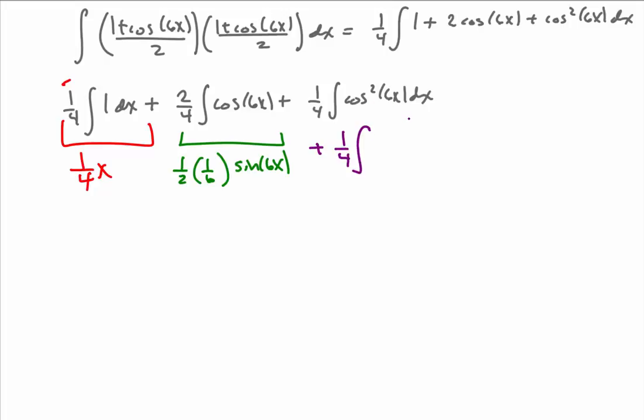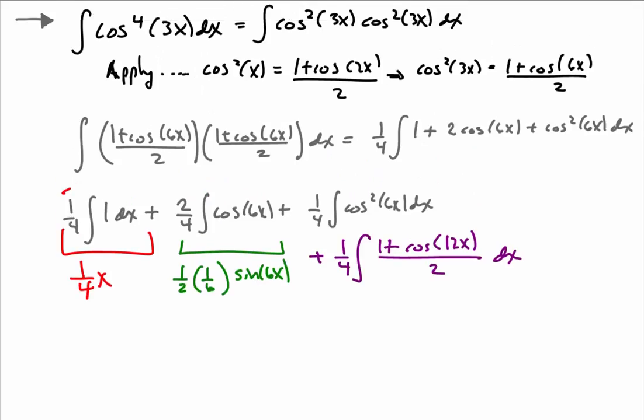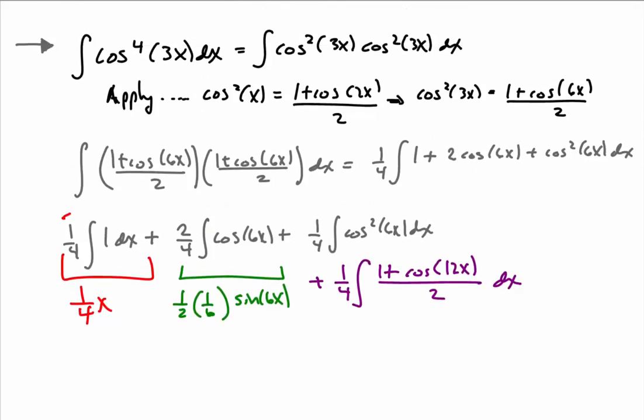Cosine squared of 6x is going to be 1 plus the cosine, and I have to double this from 6x to 12x, all over 2 dx. That comes right up here from this identity that we're using. So we take our argument that we have here, and then we have to remember that this is actually half of the angle that I come up with over here, so I need to double it to move across.